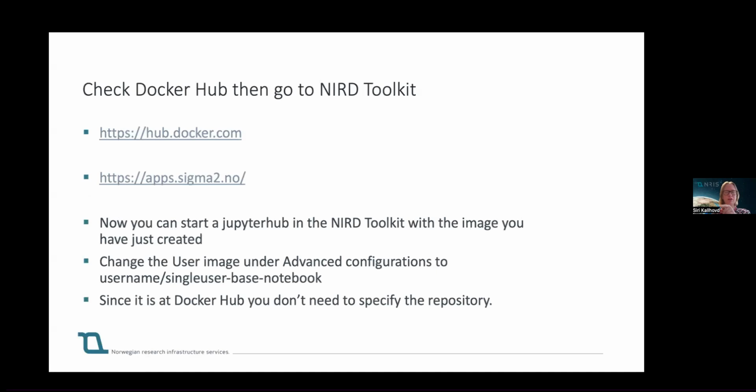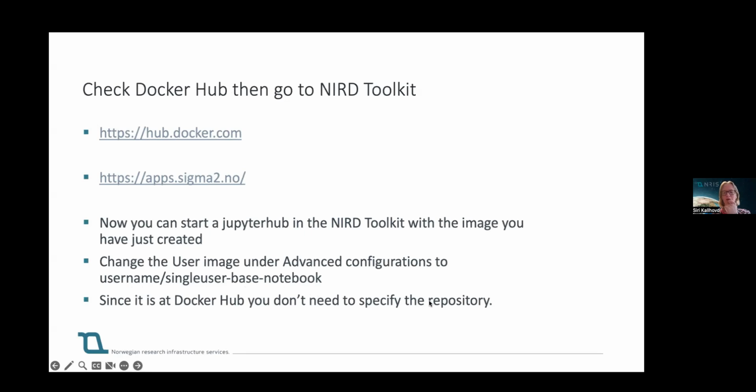And then the last step, you have Docker Hub and you have NIRD Toolkit. And then I have gone through this part. So as long as you go for Docker Hub, you just put the full name of the image in Docker Hub and nothing else in the field for the image.